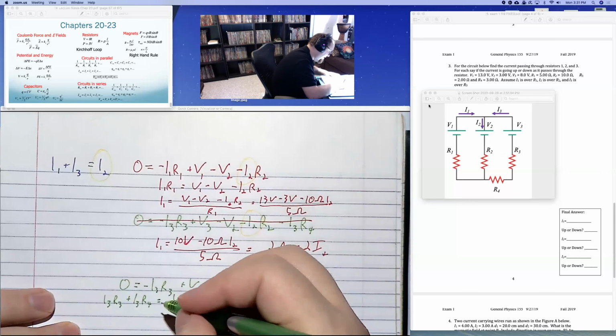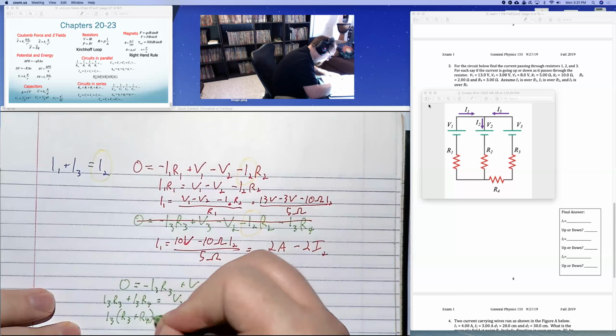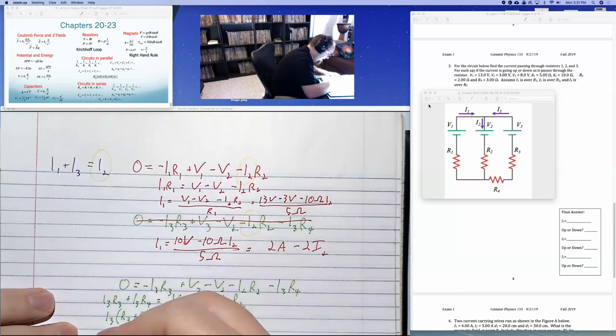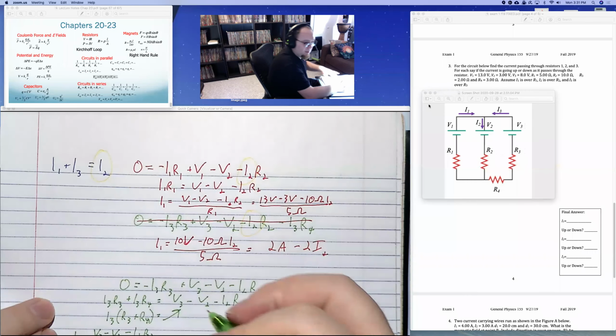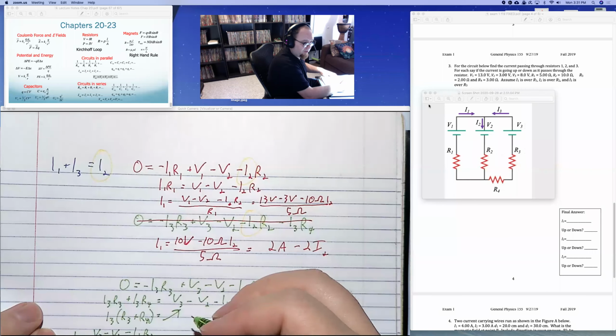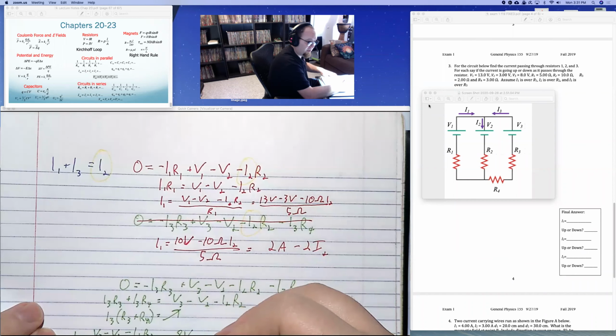I'll factor out an I3 from this side and divide. V3 is 8 volts. V2 is 3 volts.